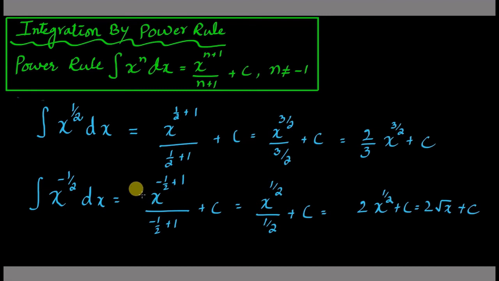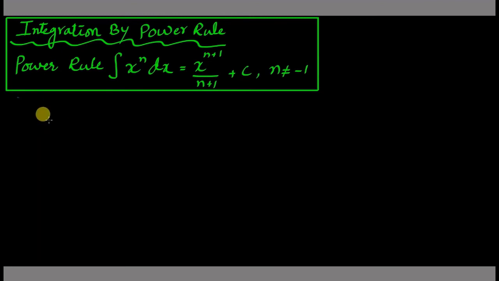Now we have studied this particular rule, that is the power rule, for positive integers, for negative integers and for rational numbers. Now the very important thing is, if n is a positive integer, it means you are starting your value from 1 onward, 1, 2, 3 and so on.